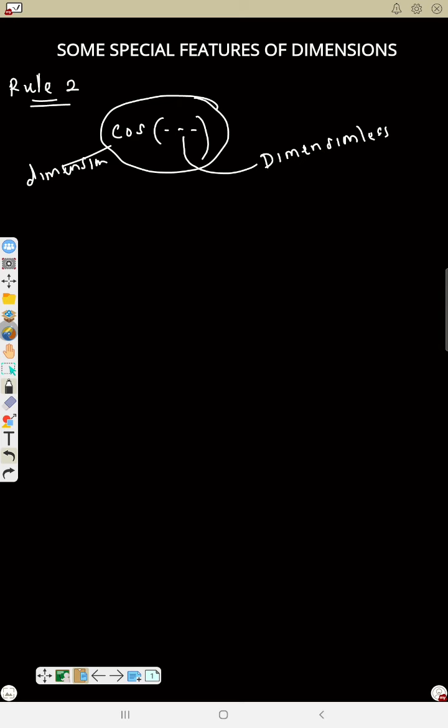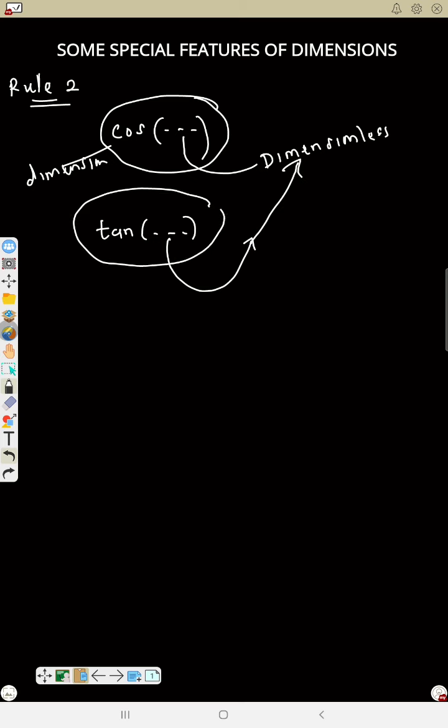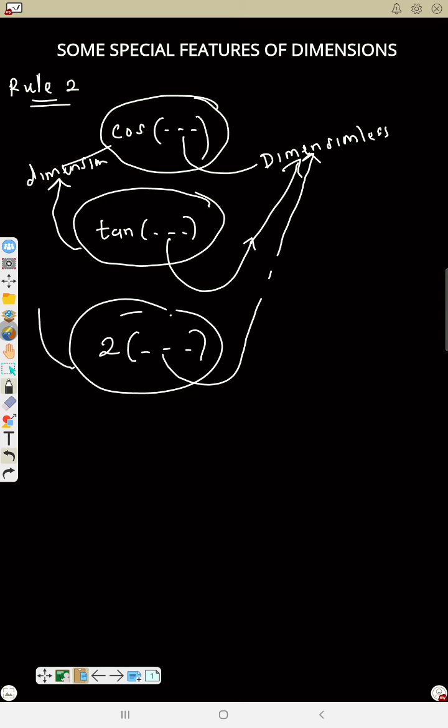Now if it is tan also, anything inside the bracket is dimensionless, and the whole tan is also dimensionless. Now if it is a number followed by anything, anything that follows the number is also dimensionless, and the whole number or expression is also dimensionless.